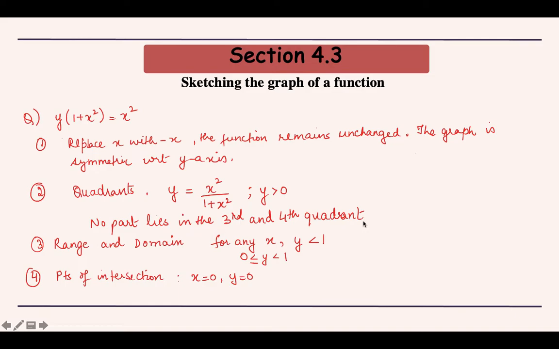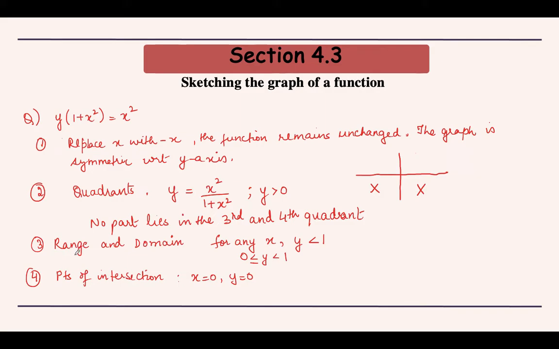So our region of sketching will now reduce to only the first and second quadrants, as no part of the curve is going to lie in the third and the fourth quadrants. So here we can see that the curve is going to lie completely in the first and the second quadrants, and no part is going to lie in the third and the fourth quadrants.